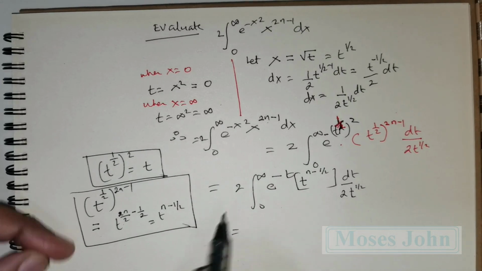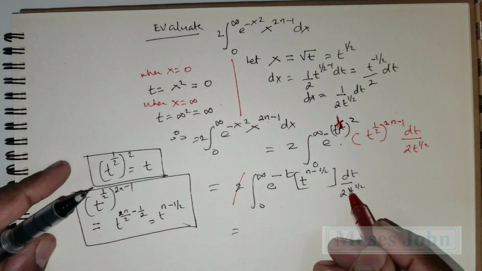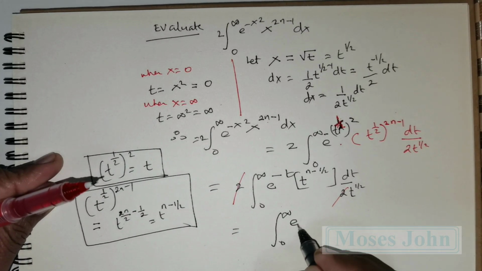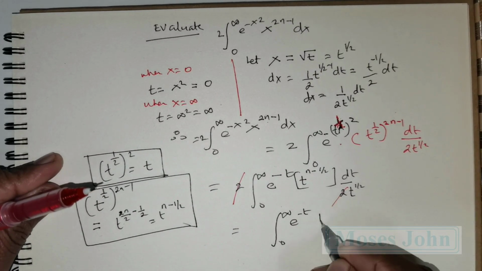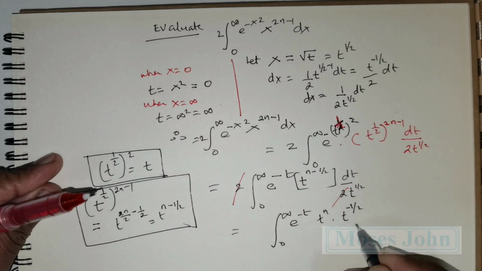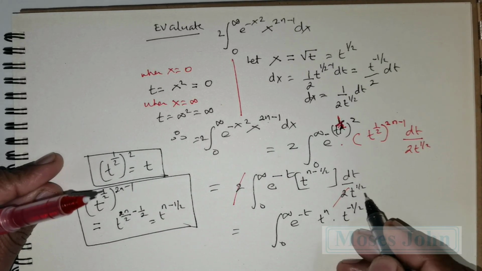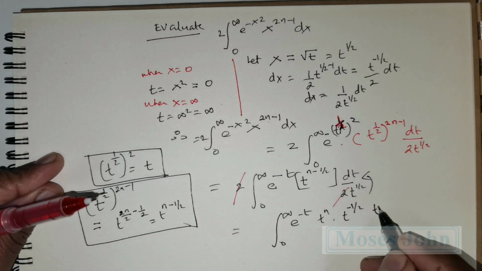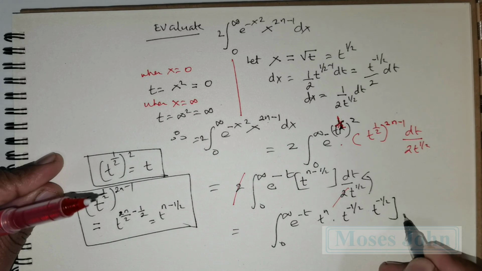Now I can rewrite this by removing the 2 here, and then the integral from 0 to infinity of e raised to the power negative t, this is t power n times t power negative half. You have a half there, I can take it to the numerator, so that would give me t raised to the power negative half multiplied with dt.